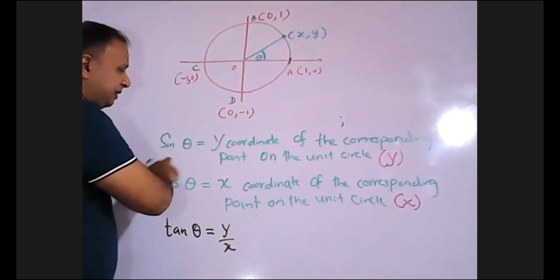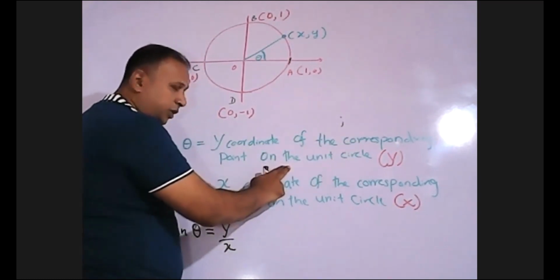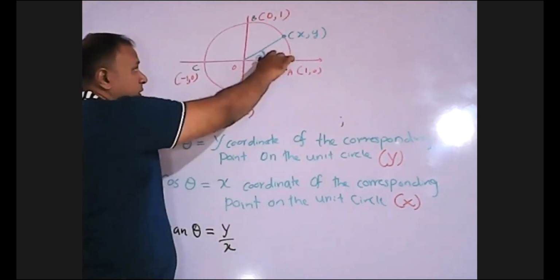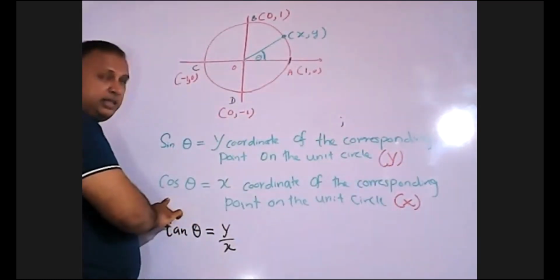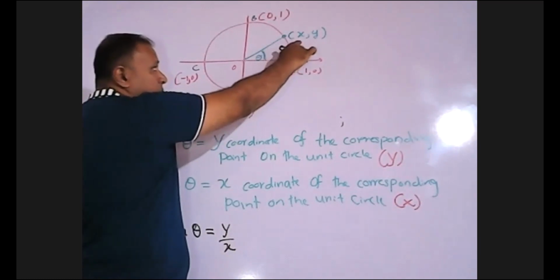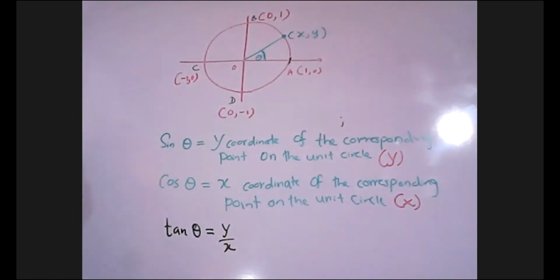Sin theta is equal to the y coordinate of the corresponding point on the unit circle, that is y. Then cos theta is equal to the x coordinate of the corresponding point.